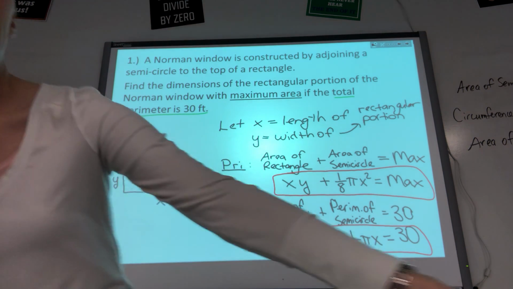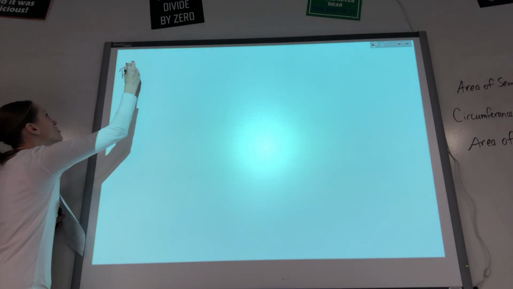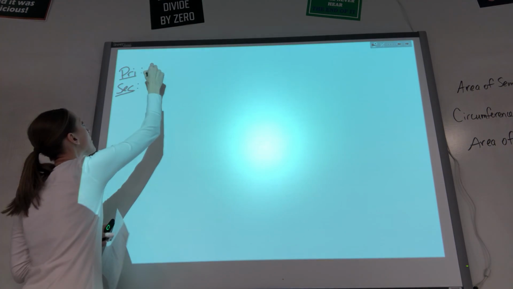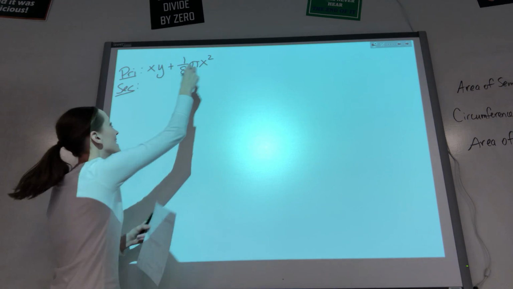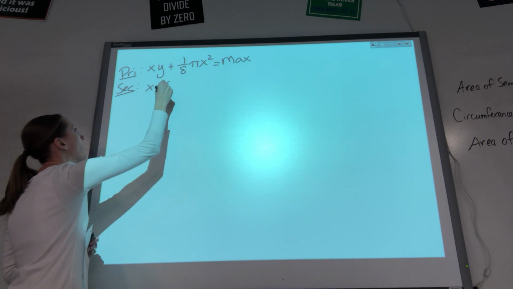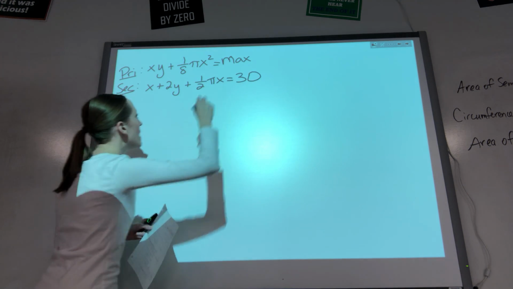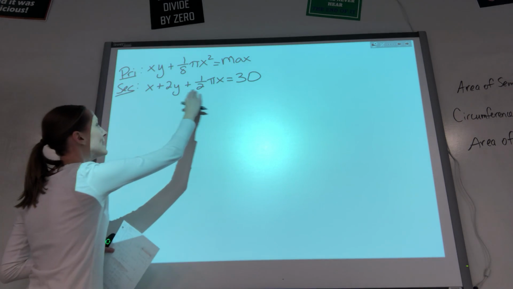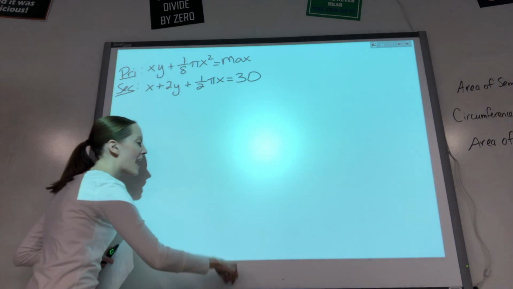Now I'm out of room on this slide, so let me flip over to the next slide here. I'm just going to rewrite these so I can have them in front of me. xy plus 1/8 pi x squared equals max, and then x plus 2y plus 1/2 pi x, that would equal 30. Okay, before I solve this for a variable, I don't really like that fraction right there.